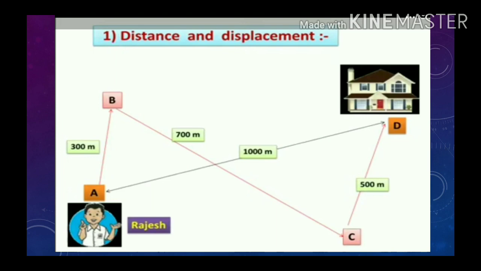But the displacement of Rajesh from point A to D is 1000 meter, because displacement is the minimum distance from the starting point to the ending point along a straight line. So the displacement of Rajesh is 1000 meter.